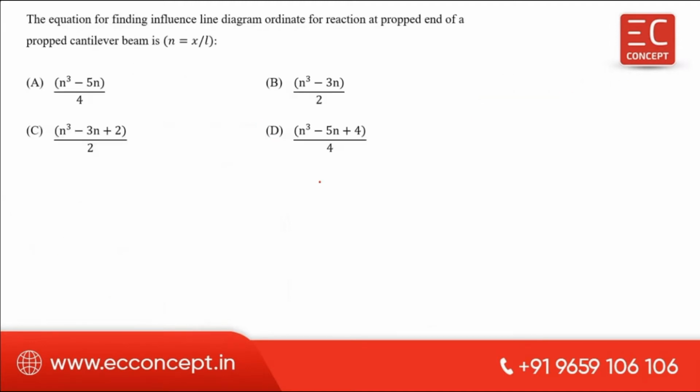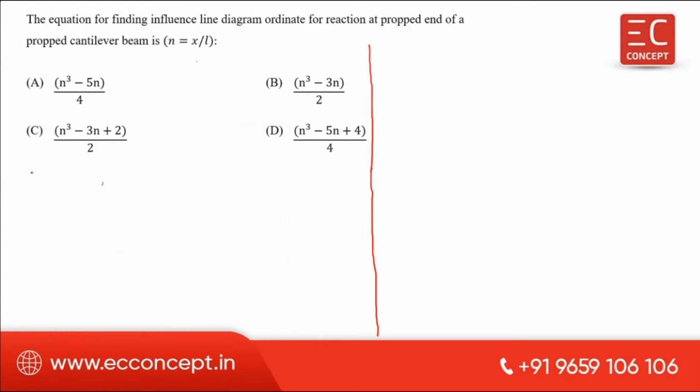Okay. Now next. So next question is this. The equation of finding influence line diagram ordinate for reaction at the propped end of a propped cantilever beam. So this is the question. Now see, we are going to solve this question where n is equal to x by L they give.